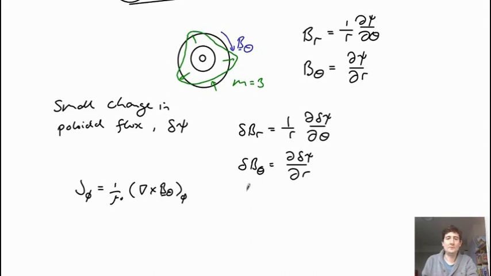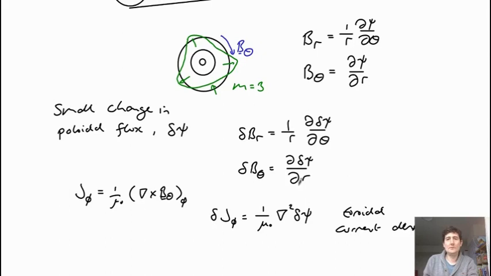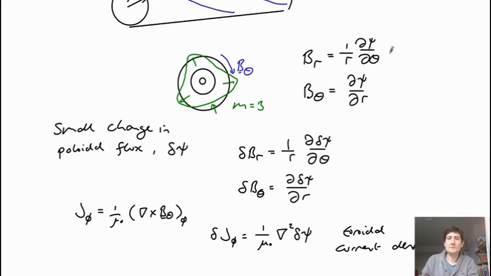And so from this we can just write down that essentially J phi is just the second derivative of delta psi. So it's the change in the toroidal current density. Okay, so far this is pretty general. So we start with some flux, we make a small change to it, and this gives us a changed magnetic field, and so a changed toroidal current.